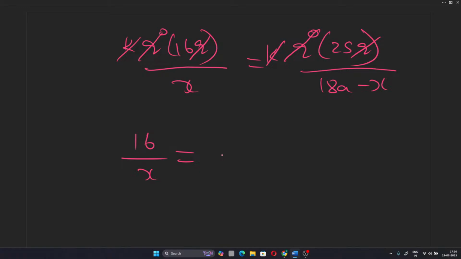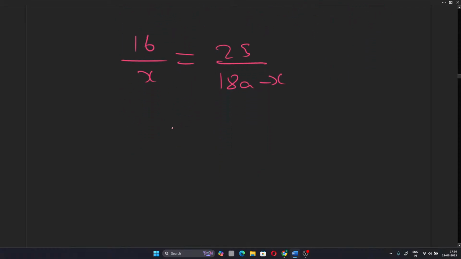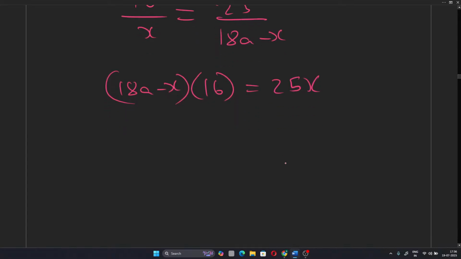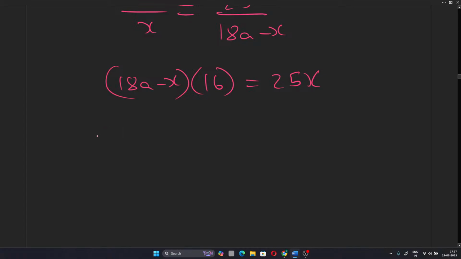So 16 by x equals 25 by 18a minus x. Since we want to find x, let's shift them to that side. 18a minus x times 16 equals 25x, and 18 times 16 is 288a minus 16x, which equals 25x.